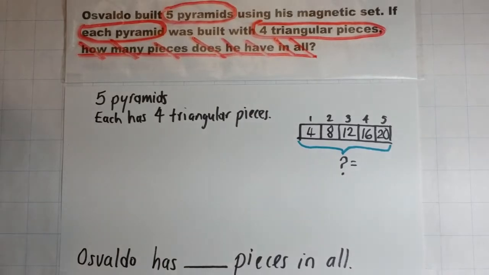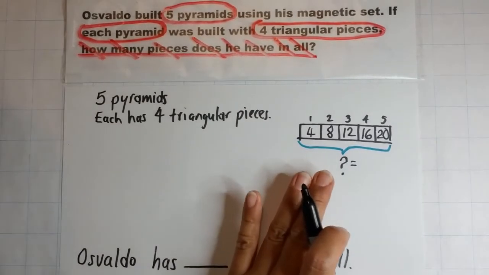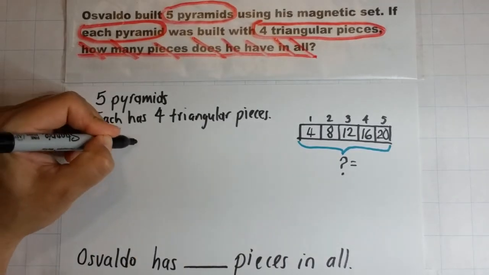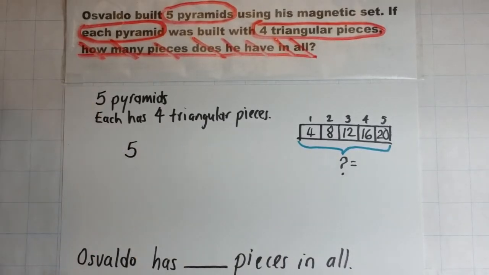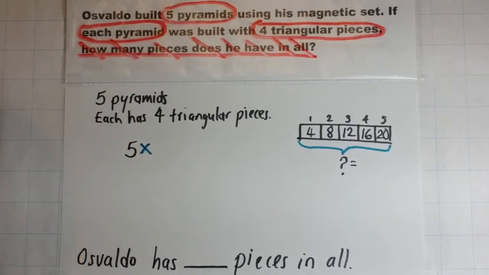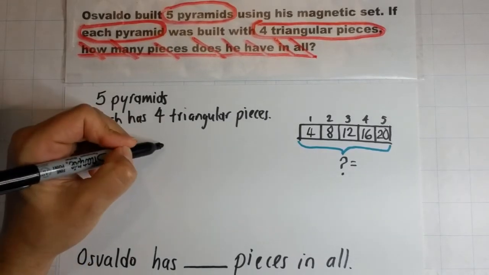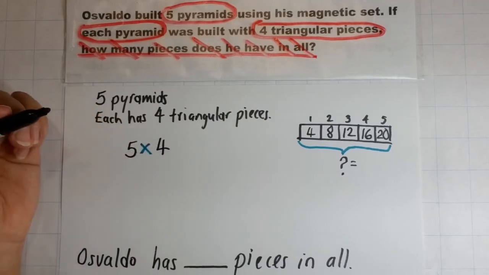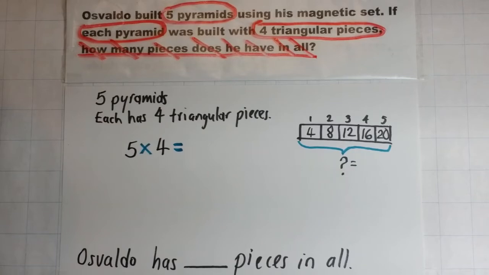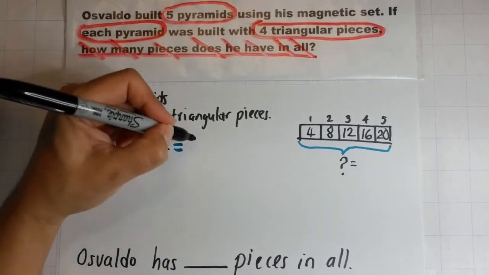Now to make sure, I'm going to use this representation to solve it using an algorithm. So I know he has 5 pyramids, and I know that each pyramid has 4 triangular pieces. So this is going to be represented by a multiplication, and I know that 4 times 5 or 5 times 4 equals 20.